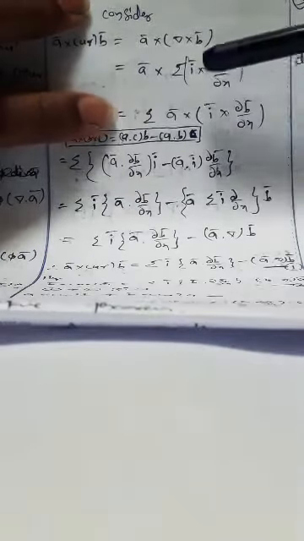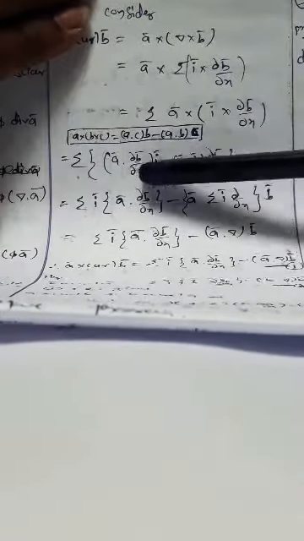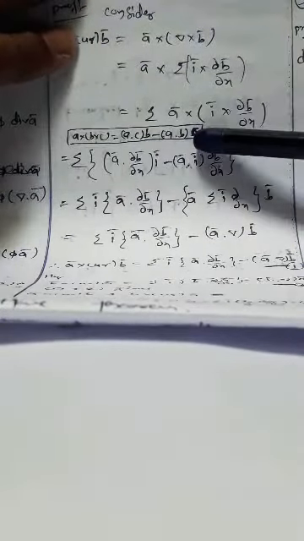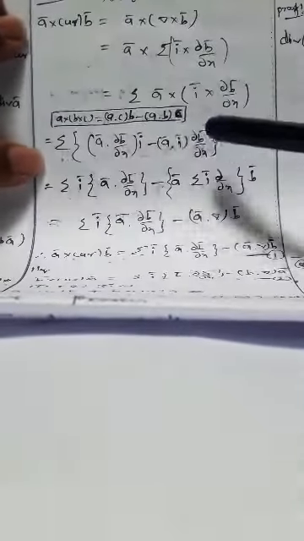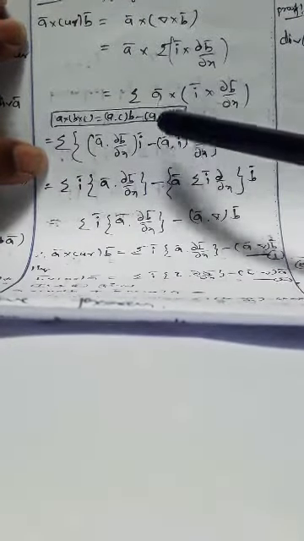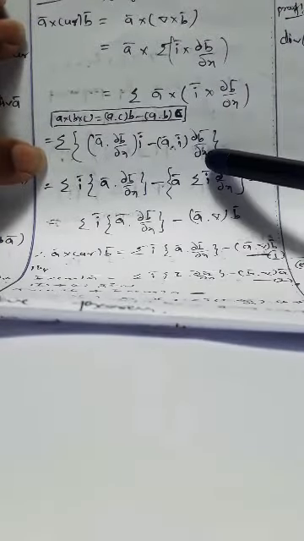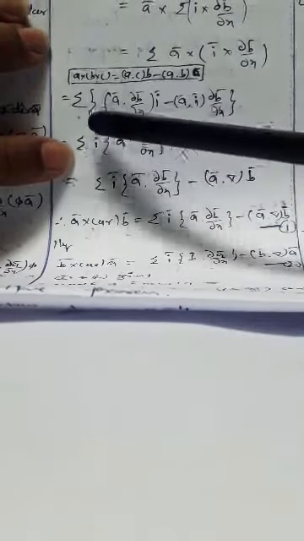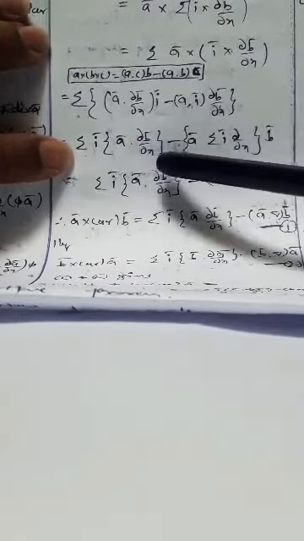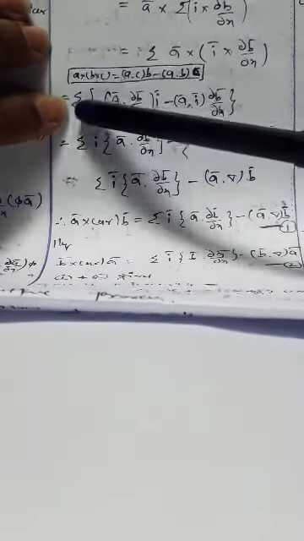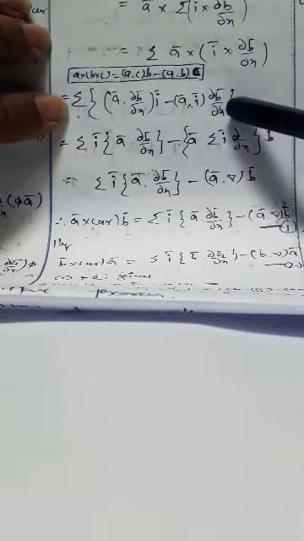Now this is in the form of A cross of B cross C. Here we have the formula for A cross of B cross C: A dot C of B minus A dot B of C. We may write this in that form. So summation of i A dot dou B by dou x minus A dot, summation dou B by dou x of i.